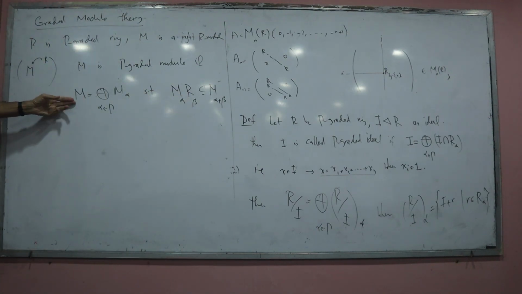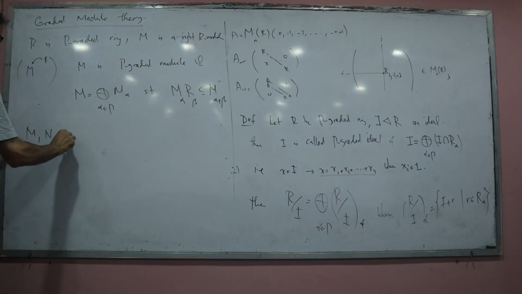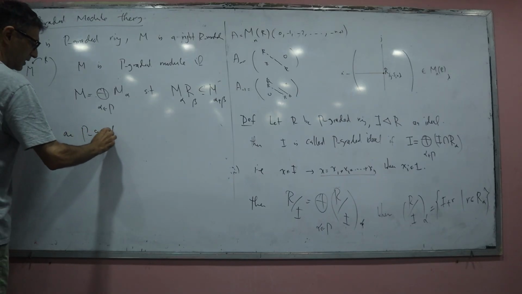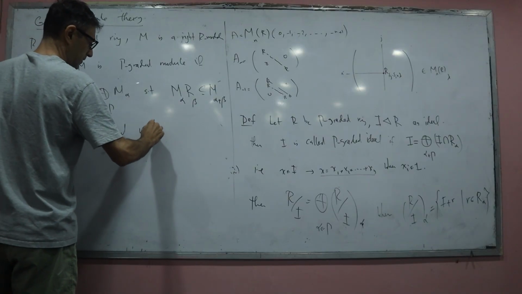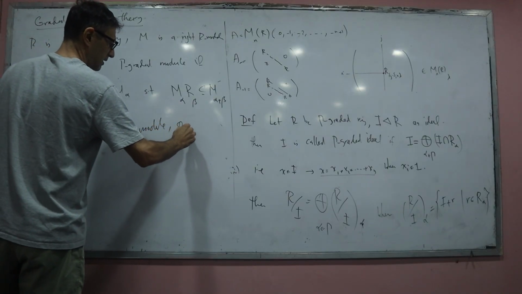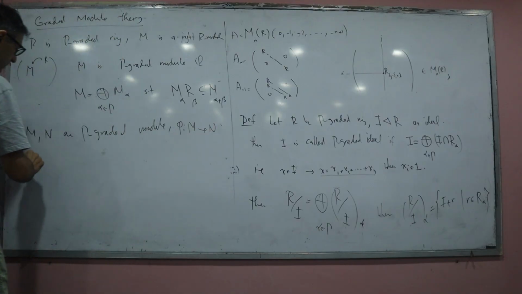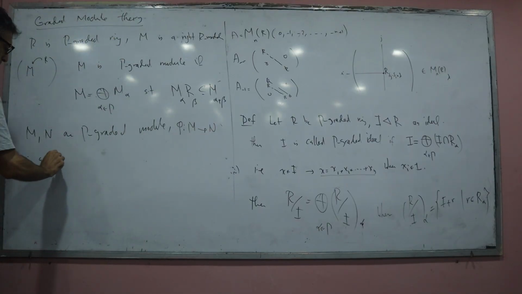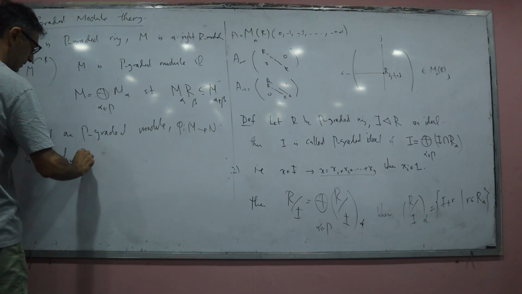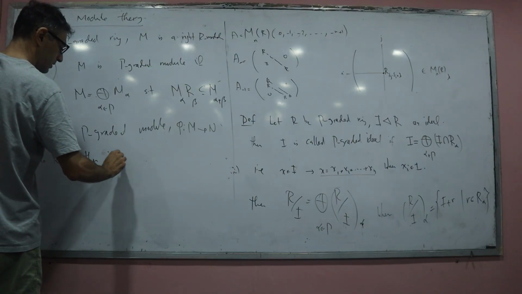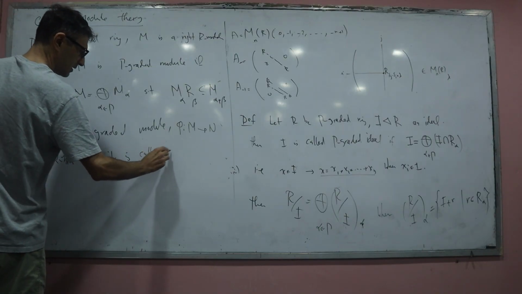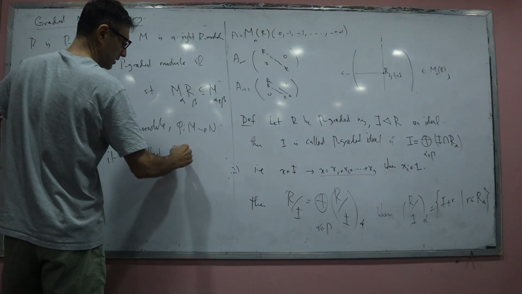Okay, so that's that. And the next thing is that if M and N are gamma graded modules, and phi from M to N is an R homomorphism, then it's called a gamma homomorphism, gamma graded homomorphism.